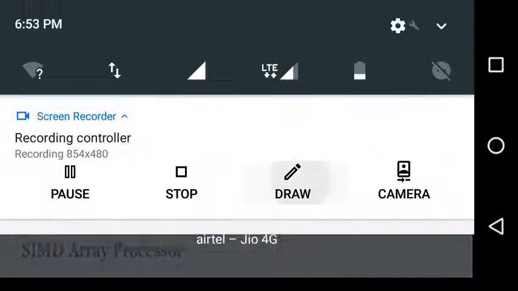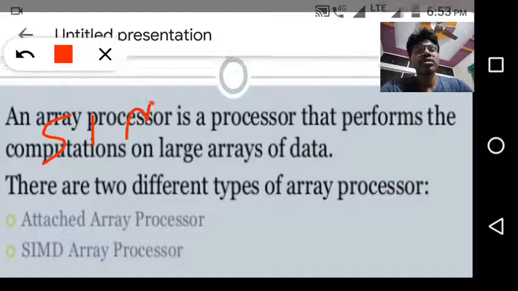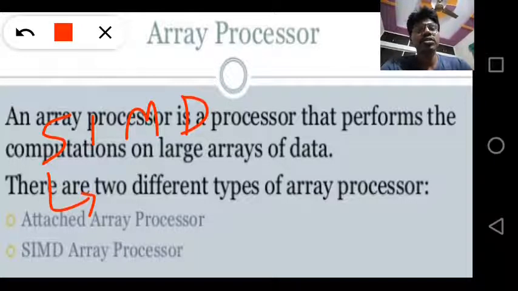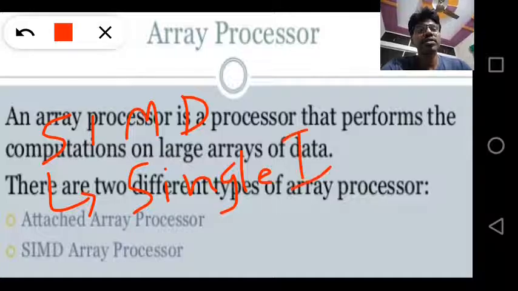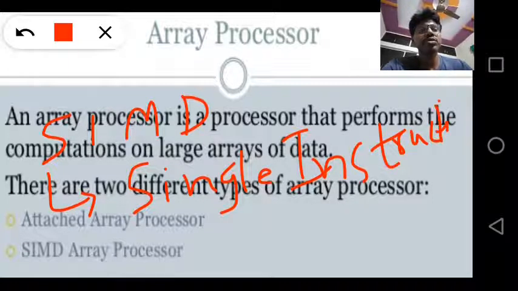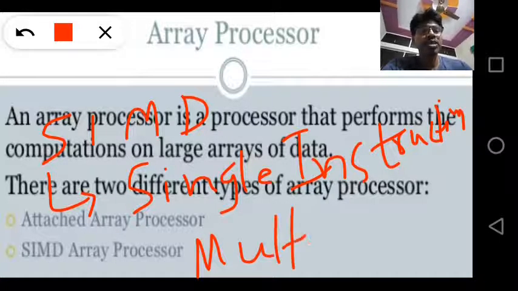And all of you know that SIMD stands for single instruction and multiple data.